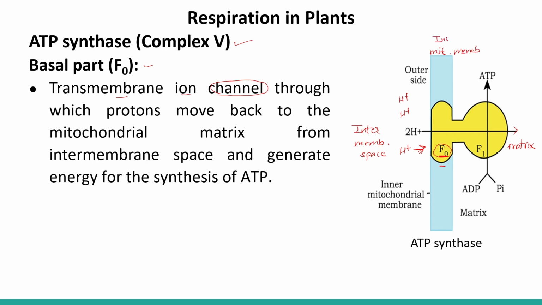F0 acts as a transmembrane ion channel through which protons move back to the mitochondrial matrix from the intermembrane space, and it generates energy for the synthesis of ATP. In this process, ATP is generated from ADP and inorganic phosphate.